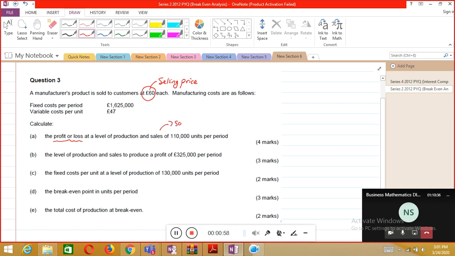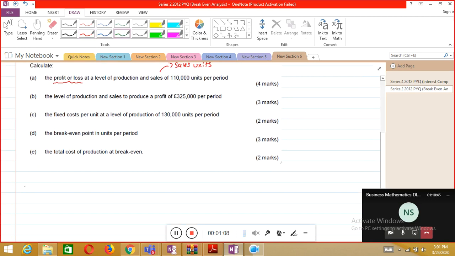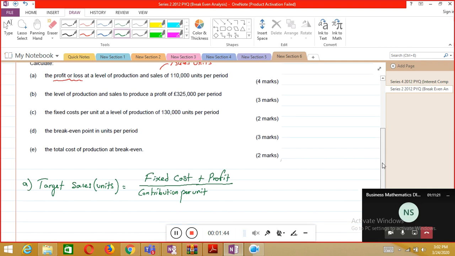So this is your sales units. Whenever they mention profit or loss, we can use the target sales formula, which is target sales units equals fixed cost divided by contribution per unit, and don't forget on the top, plus the profit.